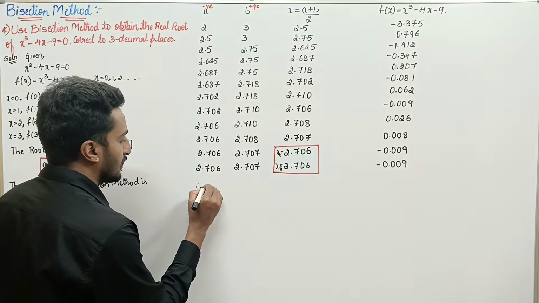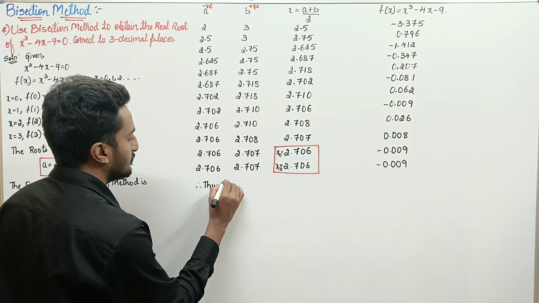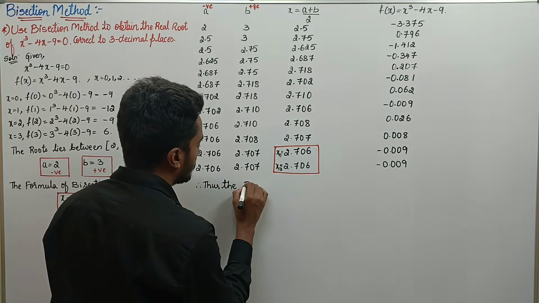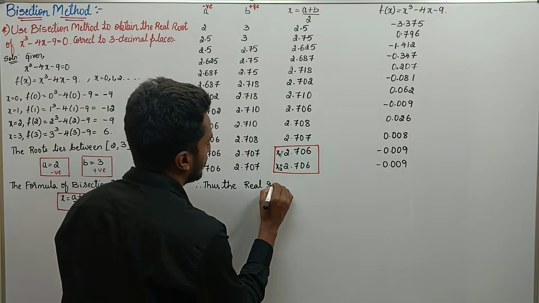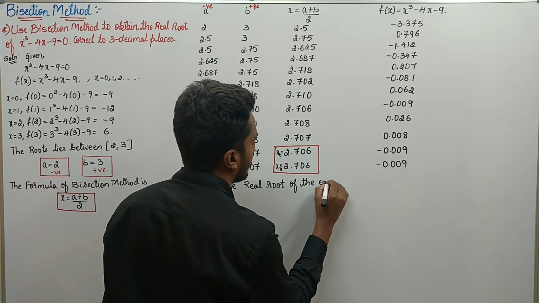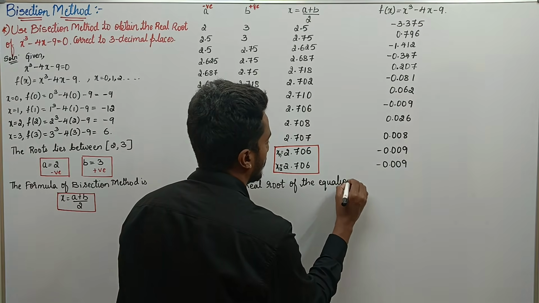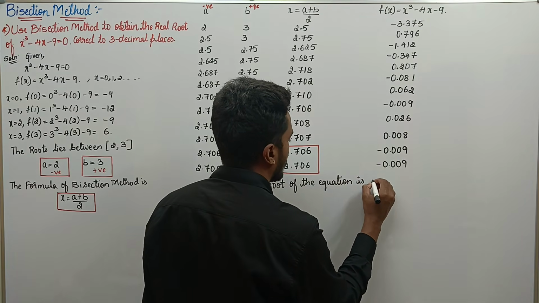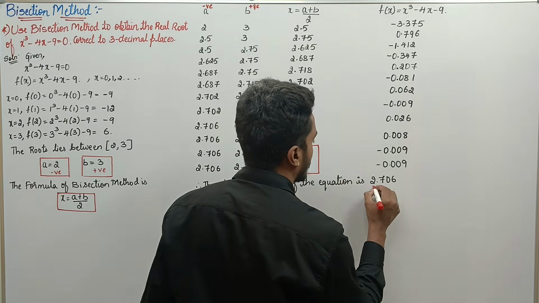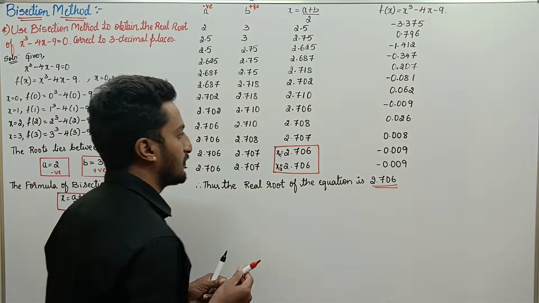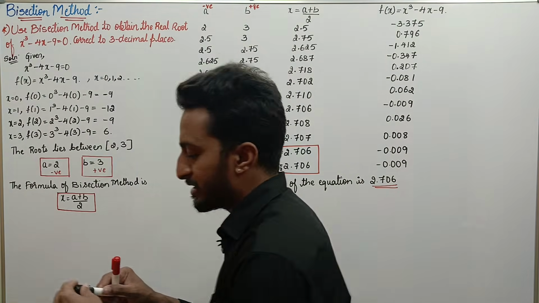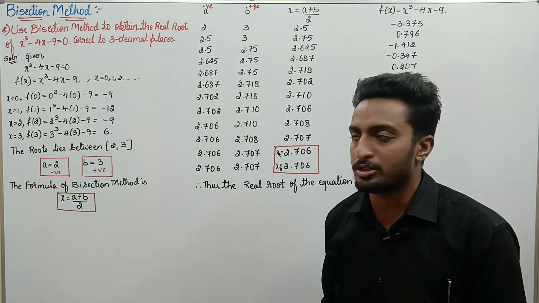Therefore you can conclude that the real root of the equation is 2.706. The real root of the equation is 2.706. This is how you are supposed to represent the bisection method, which is one of the easiest concepts.